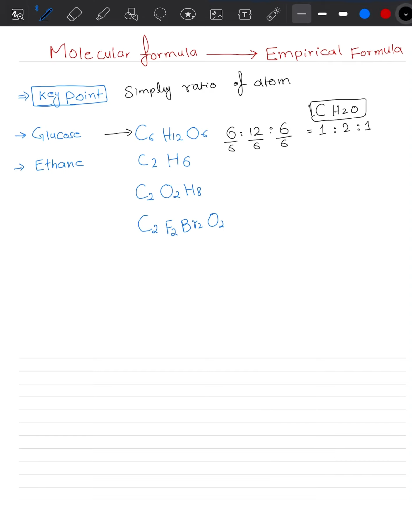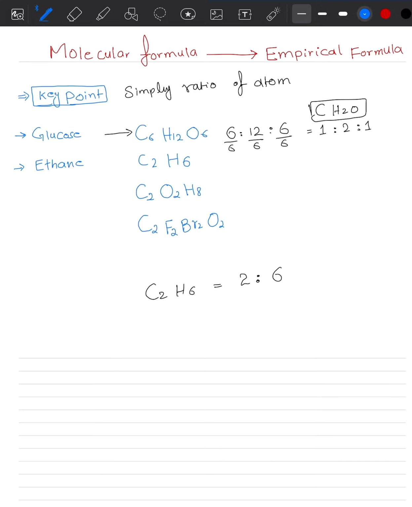Let's take another example. For now we have ethane. Ethane has the formula C2H6. So we write down its ratio, 2 to 6. And if we want to convert into empirical formula, we have to simplify this ratio.